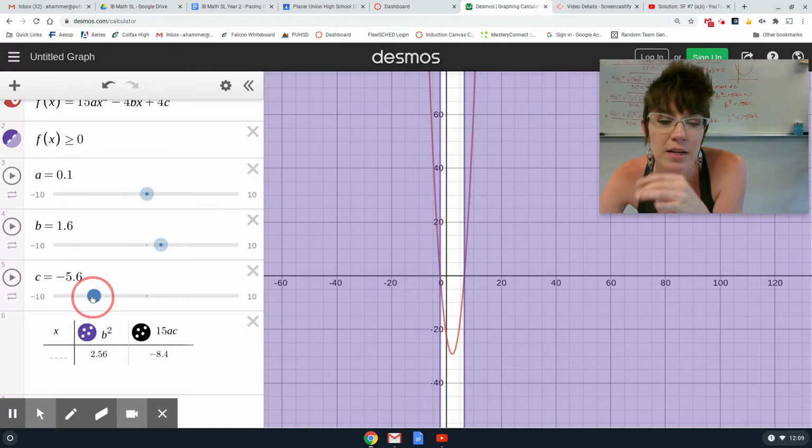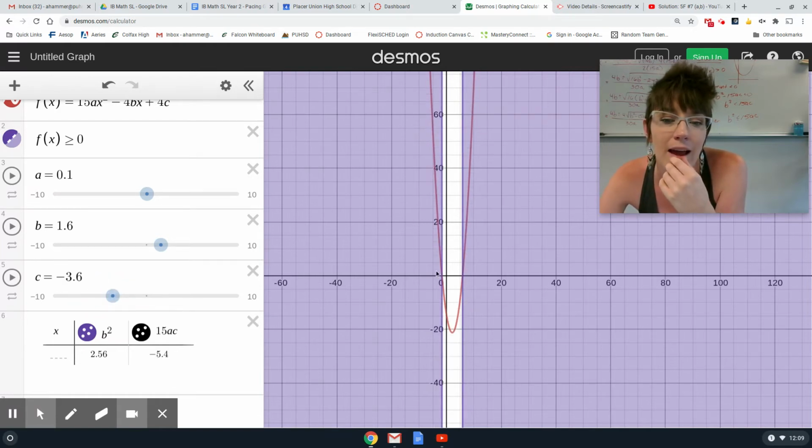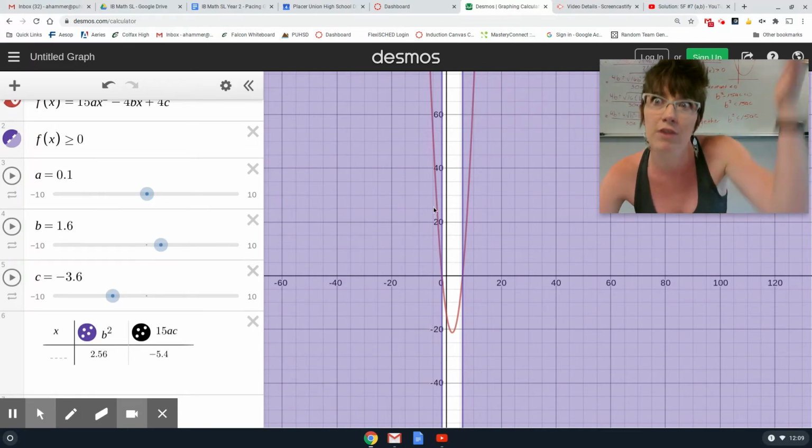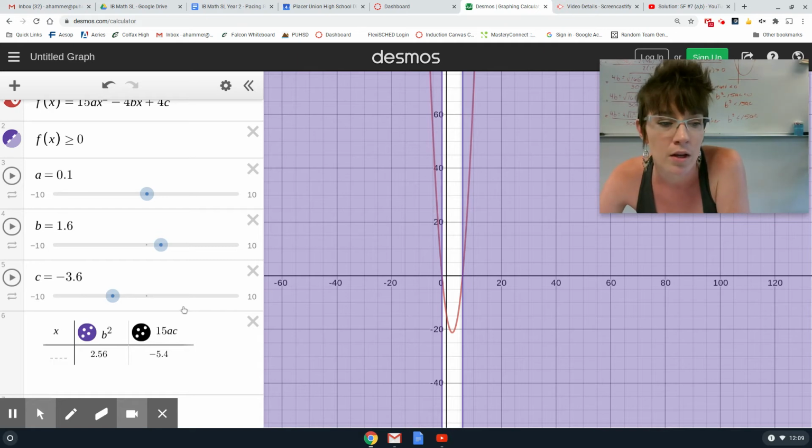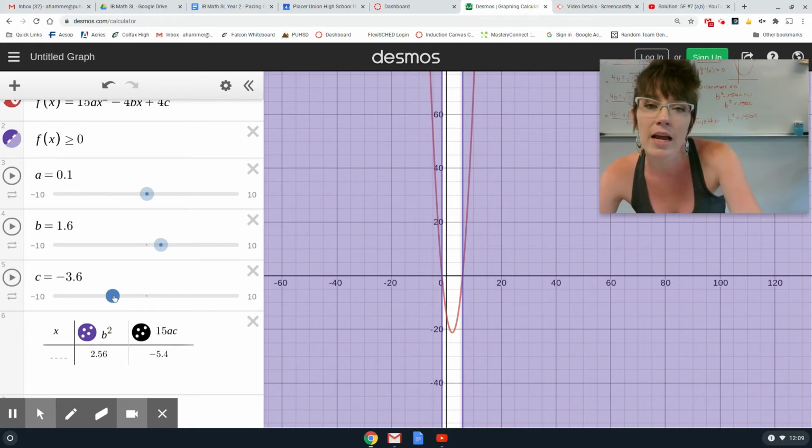Whenever that white space shows up, it only happens in the locations where the function is less than 0. And that makes sense because the purple represents where the function is greater than or equal to 0. So anytime the parabola dips below the x-axis, my table becomes false. Check it out.